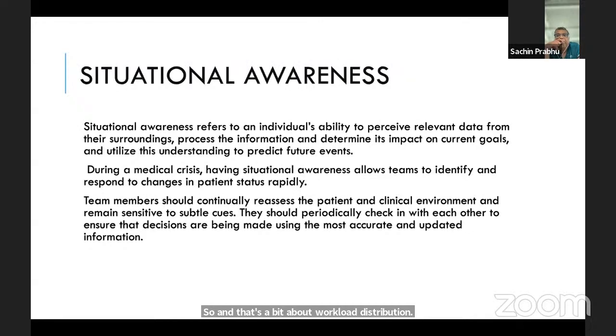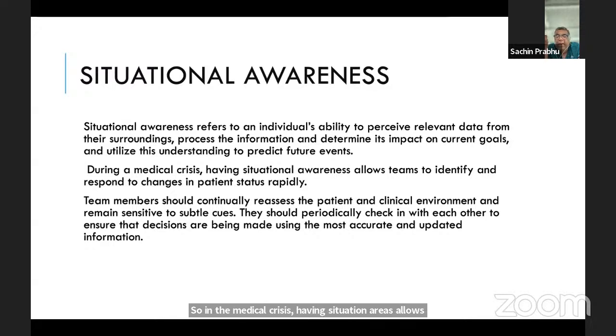Okay, next one. Situational awareness. As anesthetists, we talk a lot about situational awareness. It is very important, where you're processing so much information that you don't want to be task fixated. So in a medical crisis, having situational awareness allows teams to identify and respond to a change rapidly.